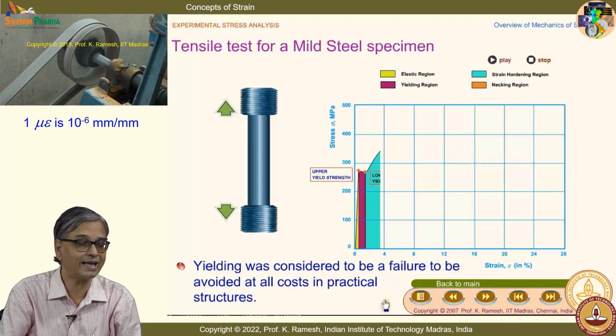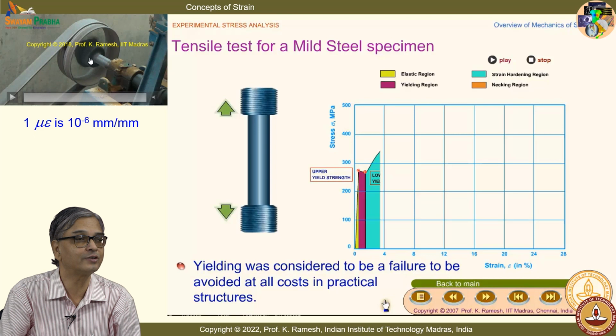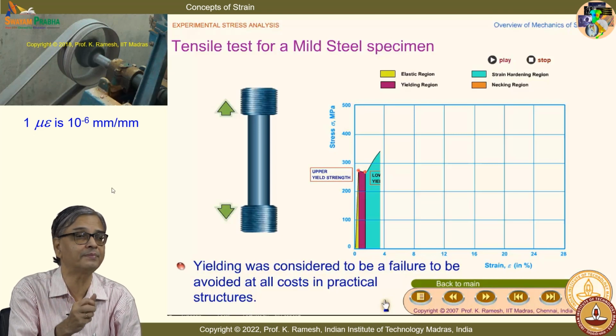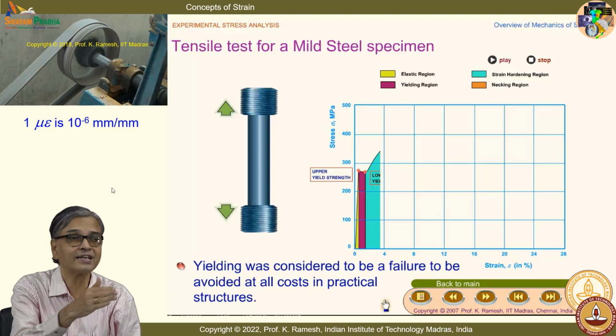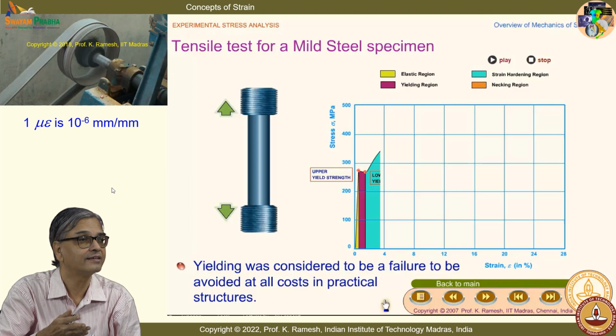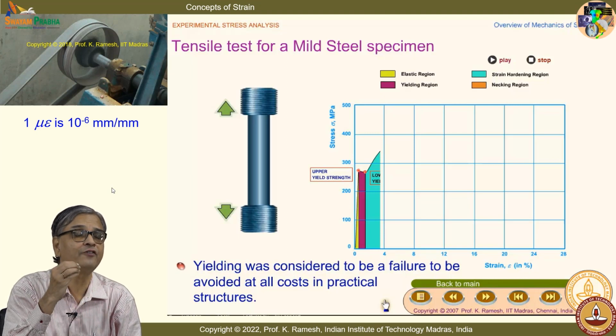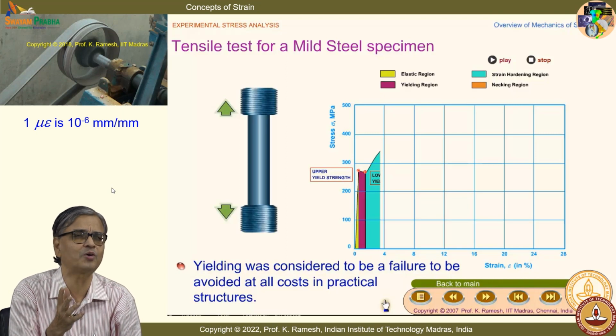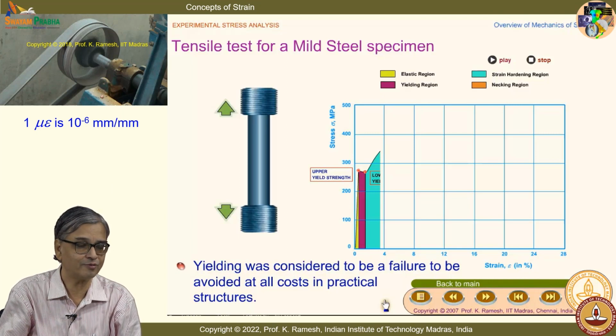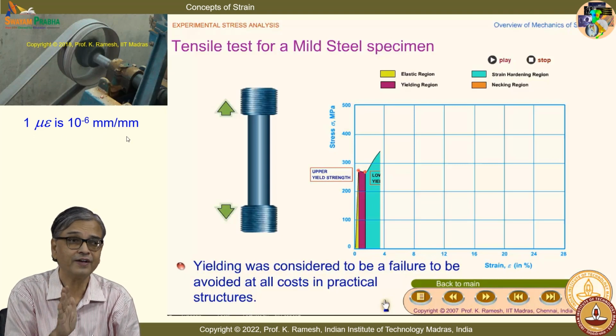When I have a mechanical element like this, you get the point, because when the loads are removed, they have to come back to their original position. If they deform excessively, a shaft cannot rotate inside the bearing. So in practical applications, you look at deformations which are extremely small. And mind you, when I say micro strain is 10 power minus 6 millimeter per millimeter, it's going to be extremely difficult to measure. Fine.